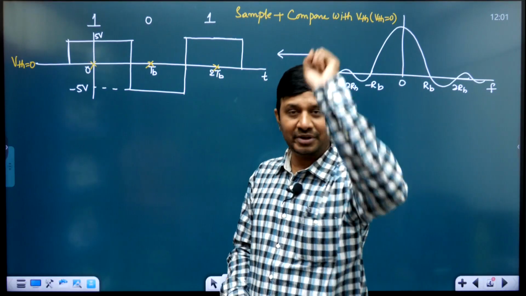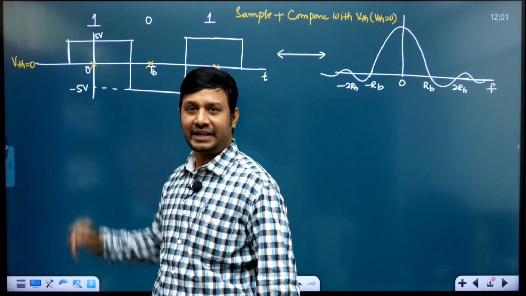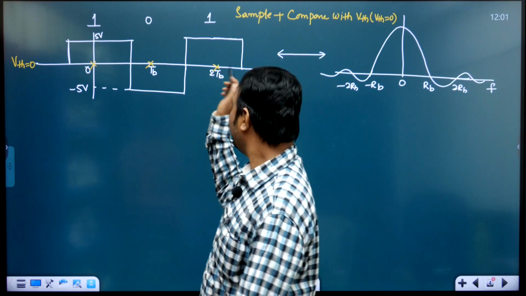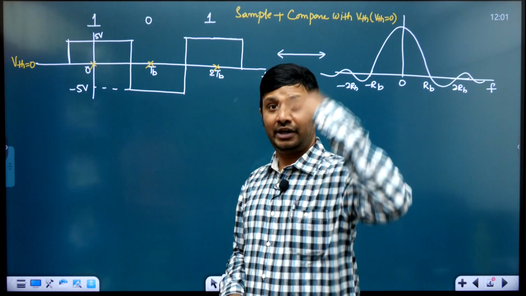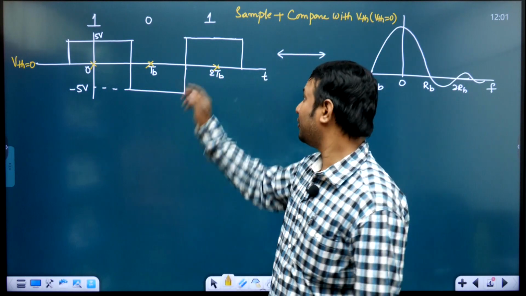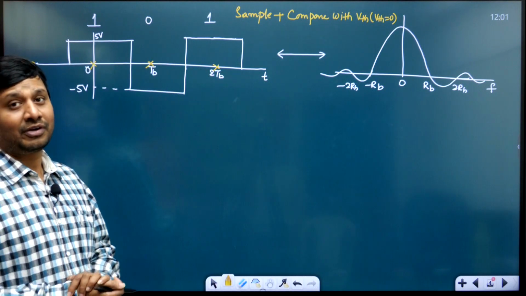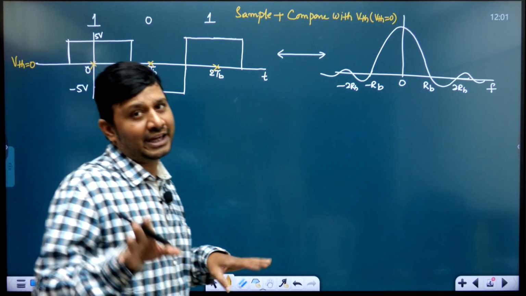Oh, 1 is transmitted. If I sample at TB, minus 5 volts, which is less than VTH, so 0 is transmitted. In this way we take the decision. Again at 2 TB I sample and get 5 volts, above 0 volts, so the decision is in favor of 1. In this way we take the decision provided the channel has infinite bandwidth.